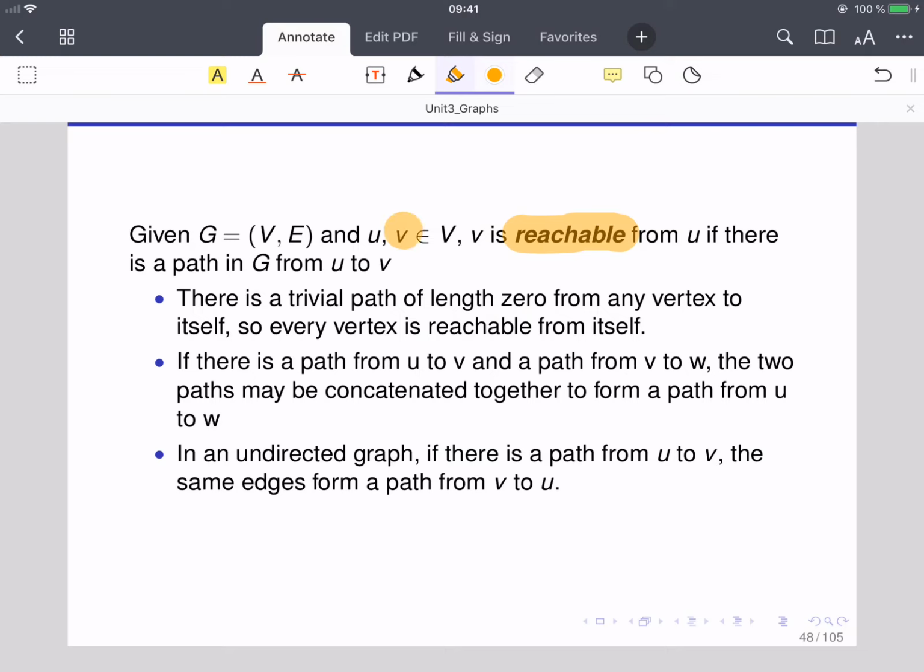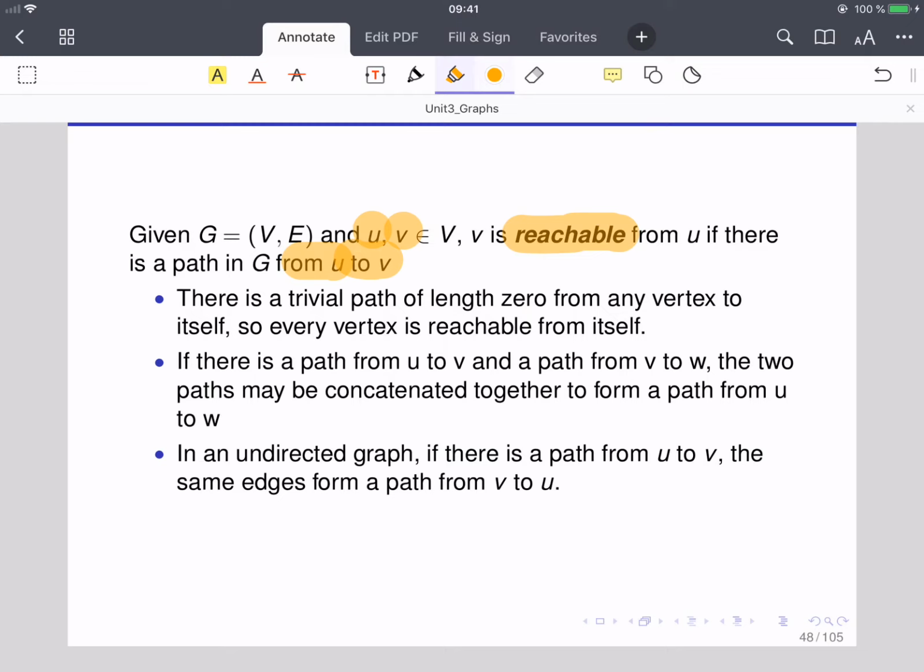So V is reachable from U if there is a path that goes from U to V. This is a very natural definition, because what is reachable from some place is any other vertex that I can go to with a path.